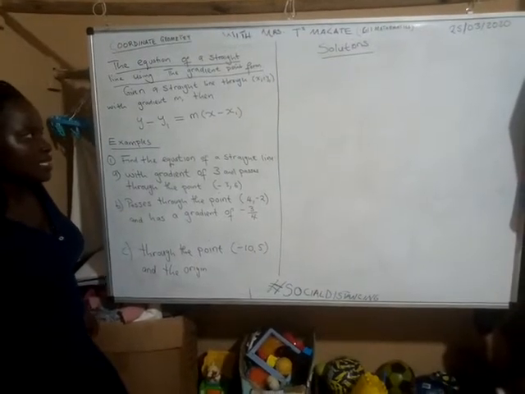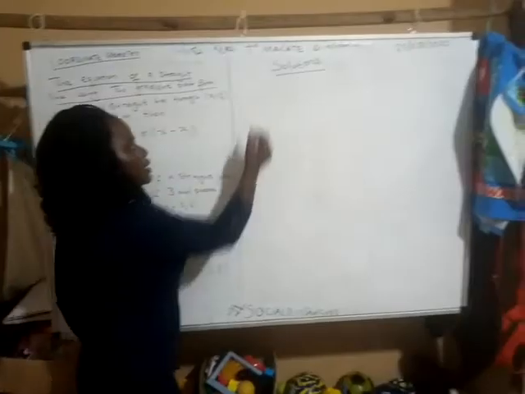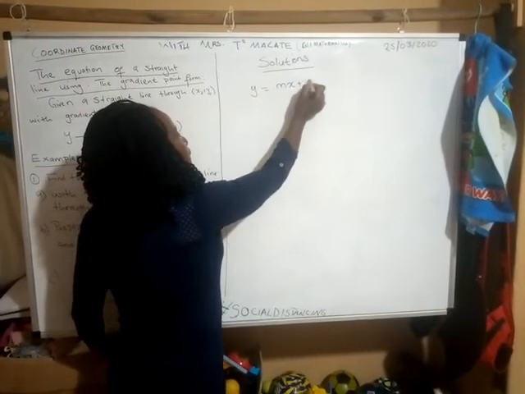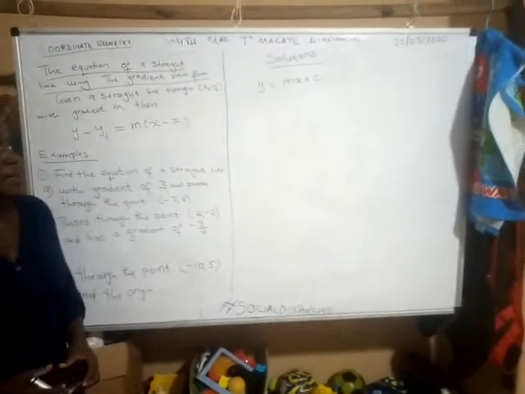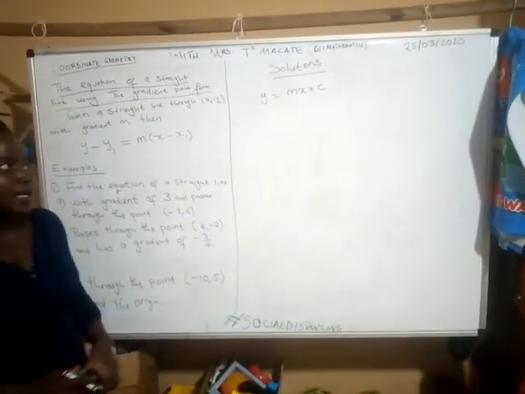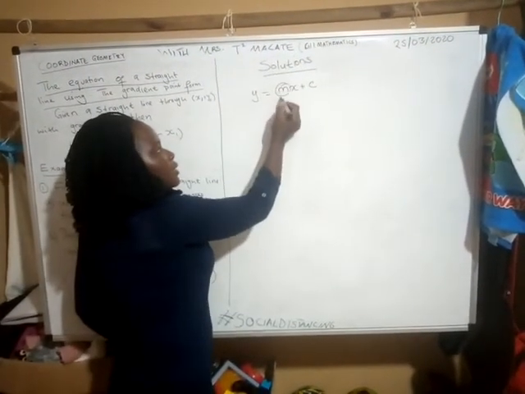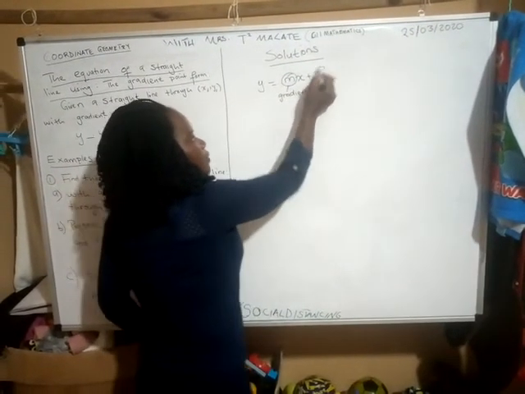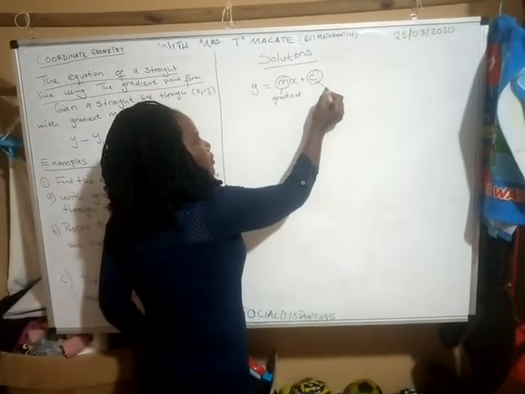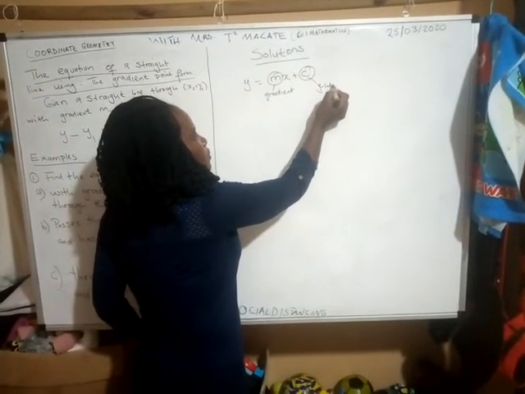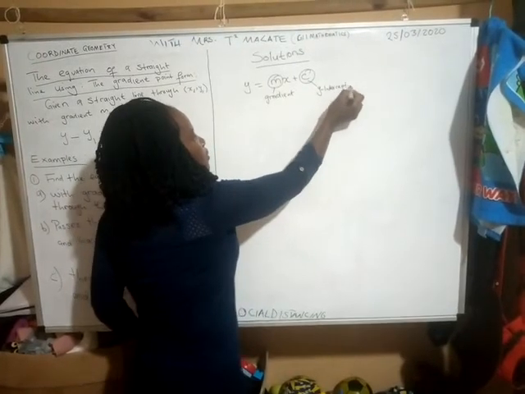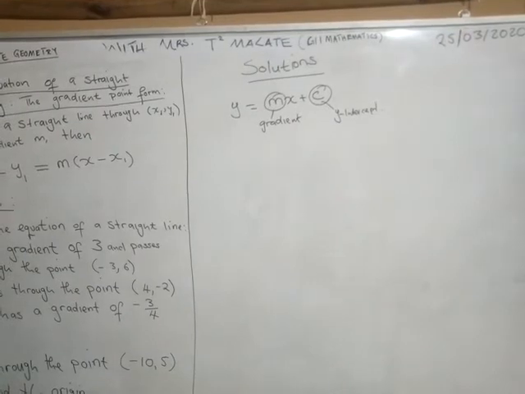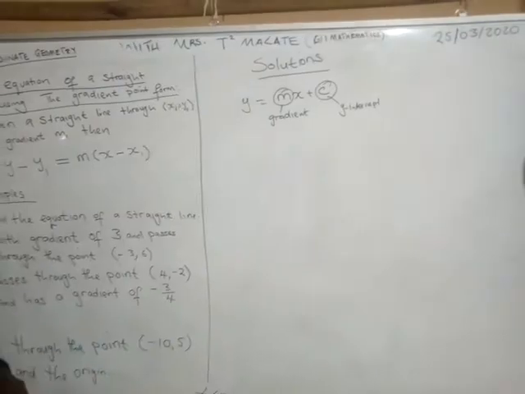So a straight line has a general equation y is equal to mx plus c, and the m is the gradient and the c is the y-intercept.